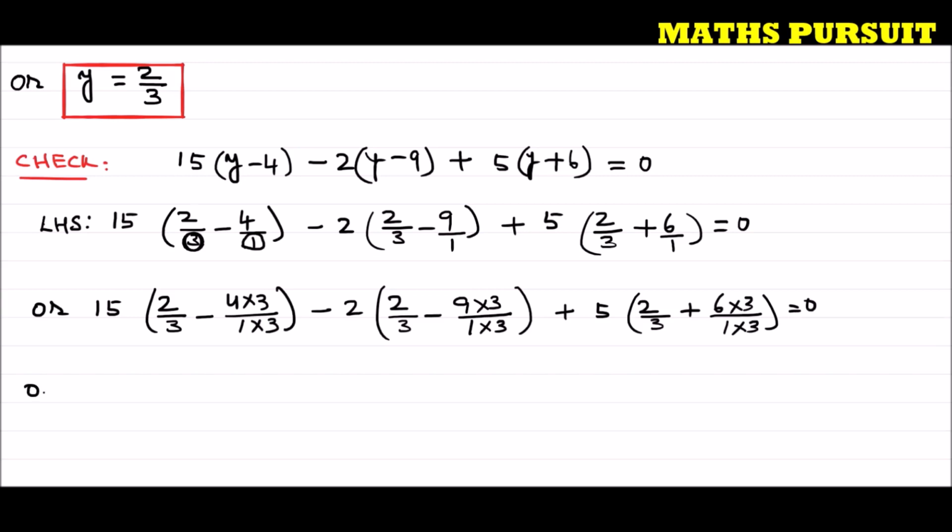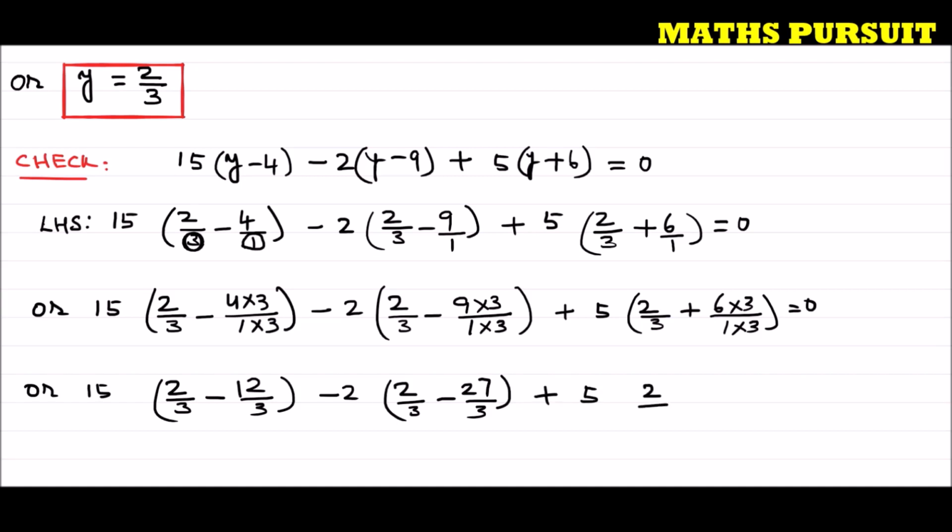Or I can write 15 into 2 upon 3 minus 12 upon 3, minus 2 into 2 upon 3 minus 27 upon 3, plus 5 into 2 upon 3 plus 18 upon 3 is equal to 0. We can find out whether this left hand side is 0 or not, so let us omit the equal to 0.